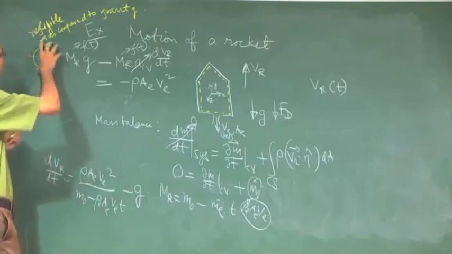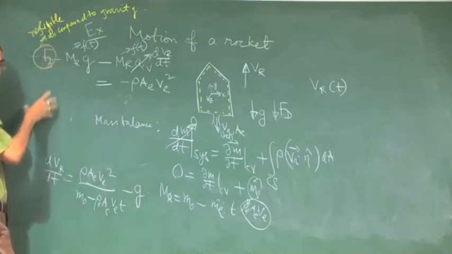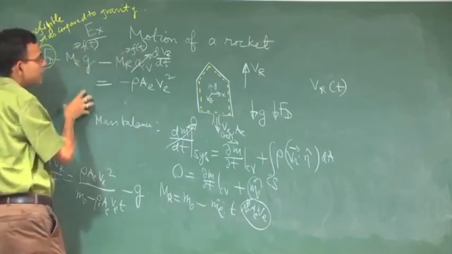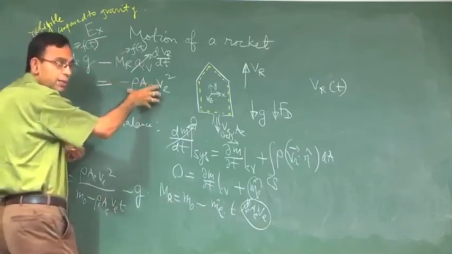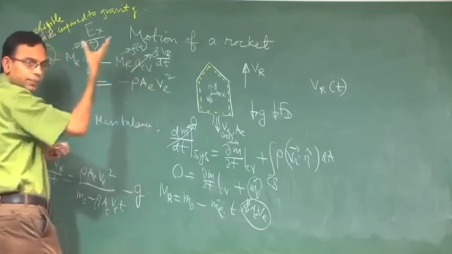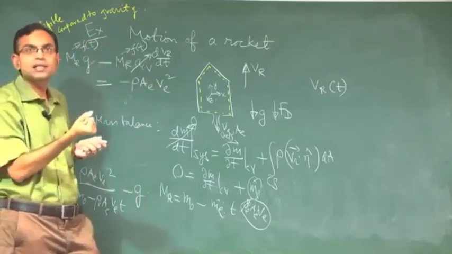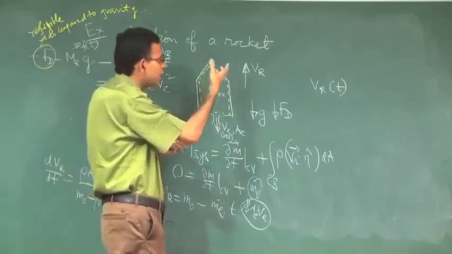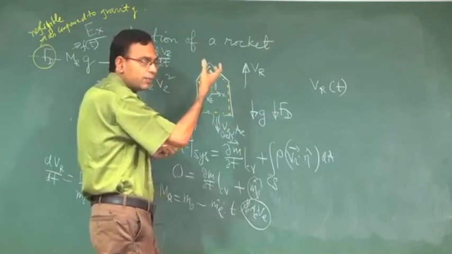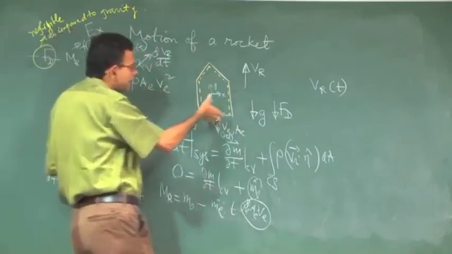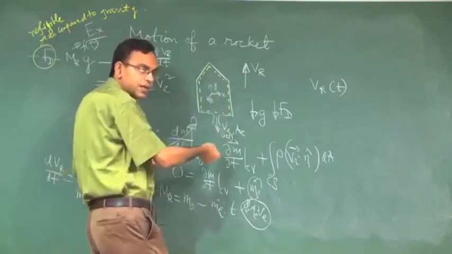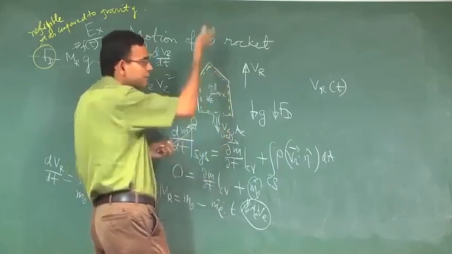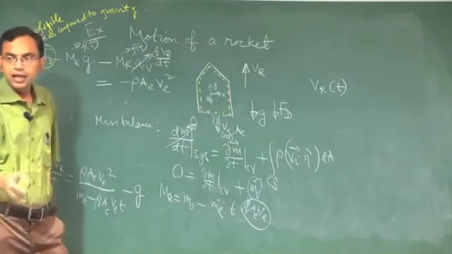So the role of the drag force is to bring it down, and the role of the gravity is to bring it down, the role of the momentum flux is to make it go up. That is why in junior classes it is said that the rocket goes up by either Newton's third law or the conservation of momentum. What it essentially means is that there is a momentum flux that comes out that gives an upthrust in the opposite direction, and that brings the rocket up.